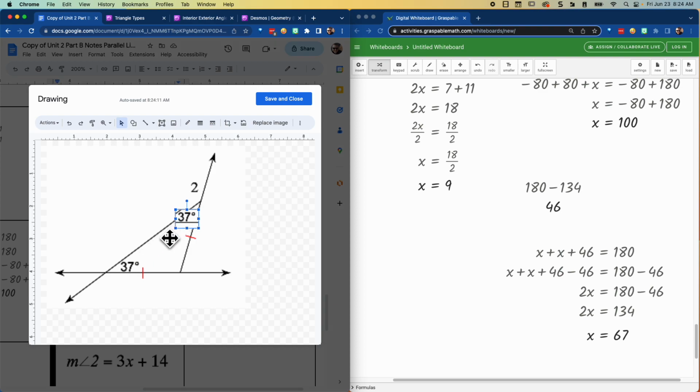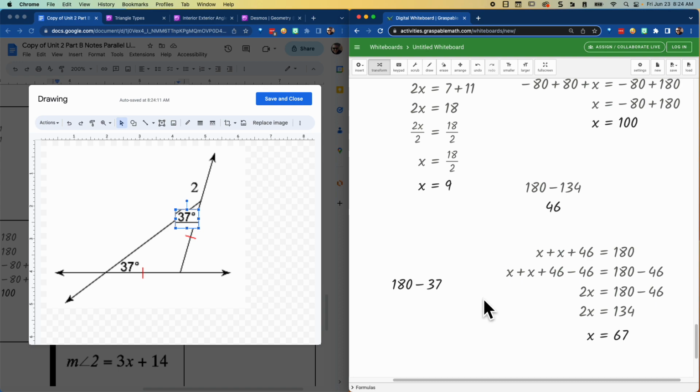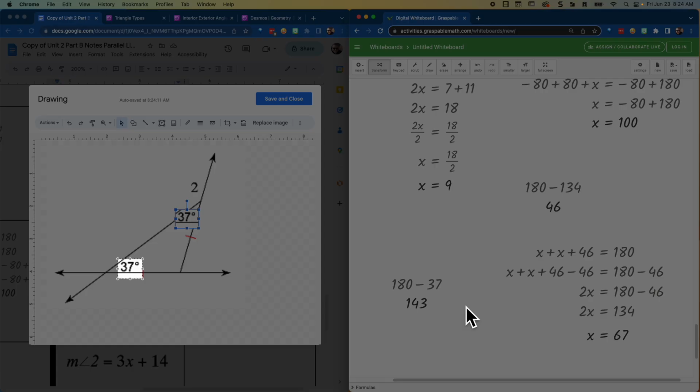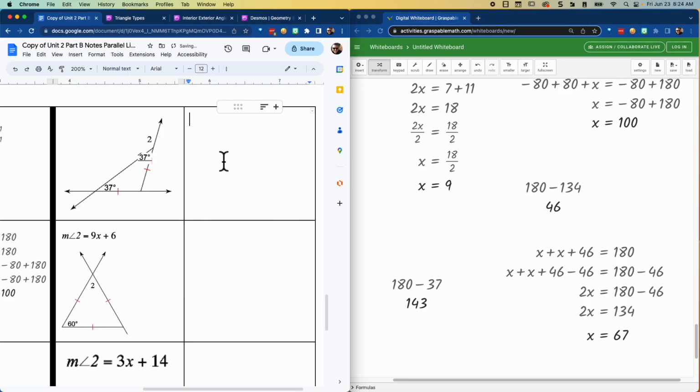There's a symmetry between those two things. And then I notice that 37 and angle 2 is going to make 180. So just a simple calculation, 180 minus 37. That's a real basic calculation. It's 143. That's my total work for this one. Just kind of a little bit of reasoning in the drawing, and then a little bit of numerical calculation for the other piece. That's extra large. Doesn't need to be that large.